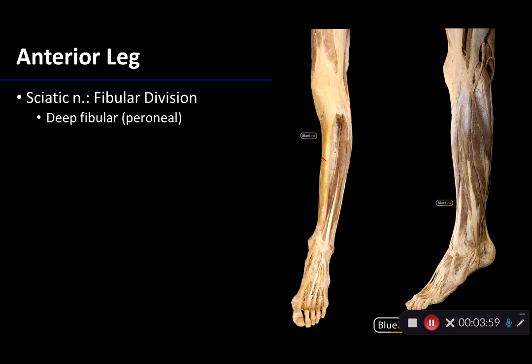These are innervated by the deep fibular nerve, or the deep peroneal nerve, which we can see running down through there. That's the innervation to the anterior leg. That deep fibular nerve is coming from the common fibular that we discussed there.